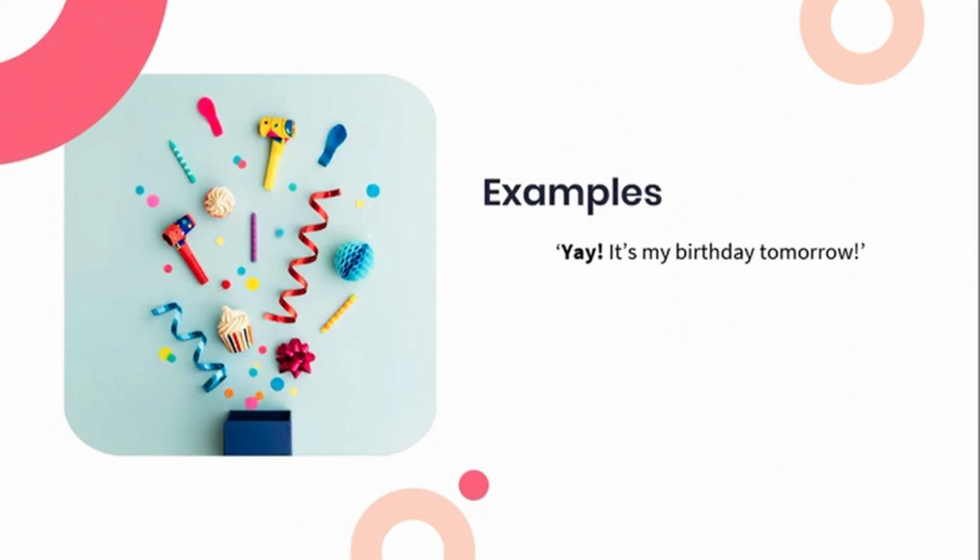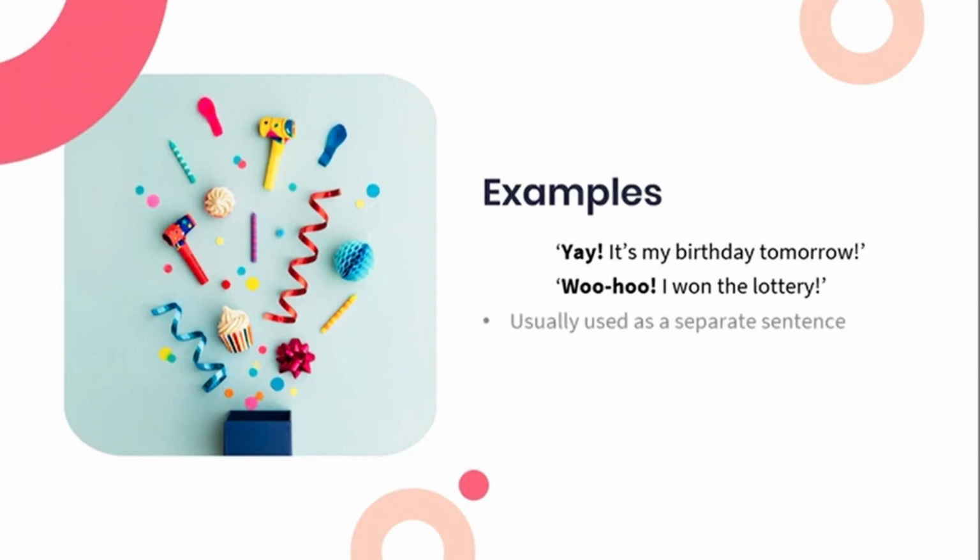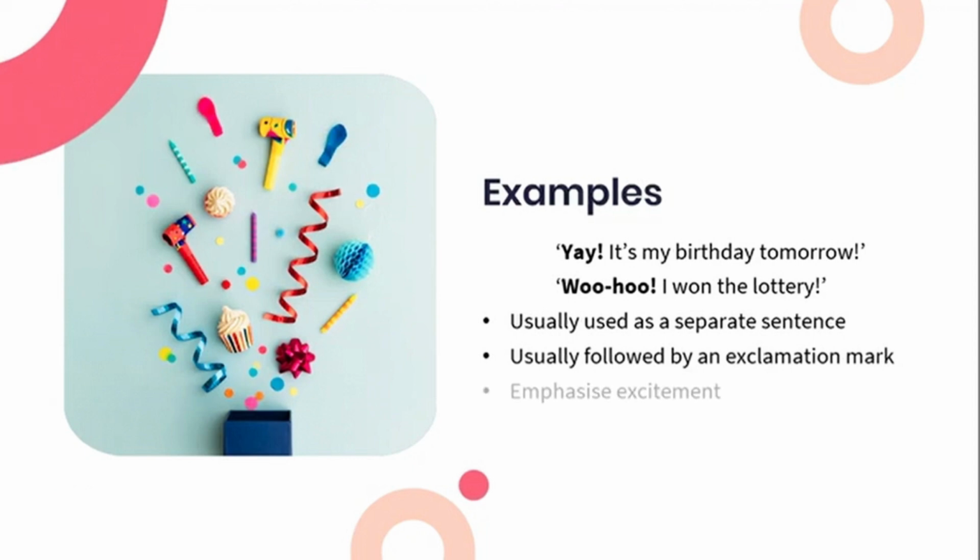Yay, it's my birthday tomorrow! Woohoo, I won the lottery! As you can see, the interjections for excitement are usually used as a separate sentence and followed by an exclamation mark. These interjections emphasize the excitement that is being expressed.